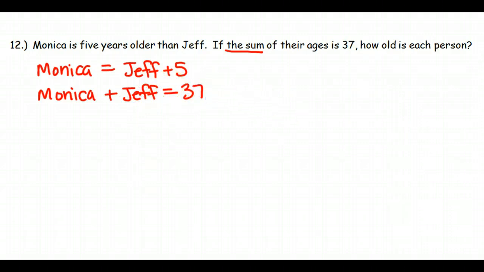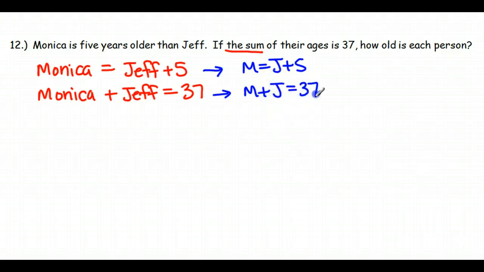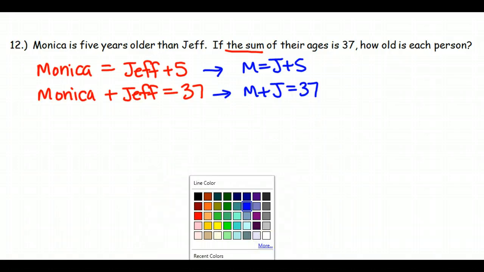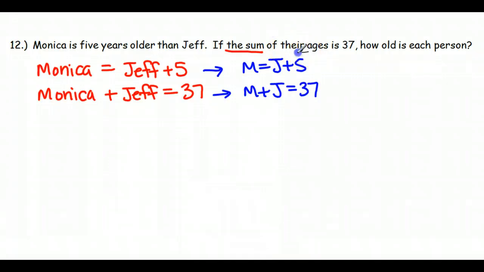So there are our two equations. We can rewrite them with variables. M equals J plus 5 and M plus J equals 37. Now just like the last word problem, notice that in our top equation M is already alone. So we're going to go ahead and take the value of M and plug it into our second equation.